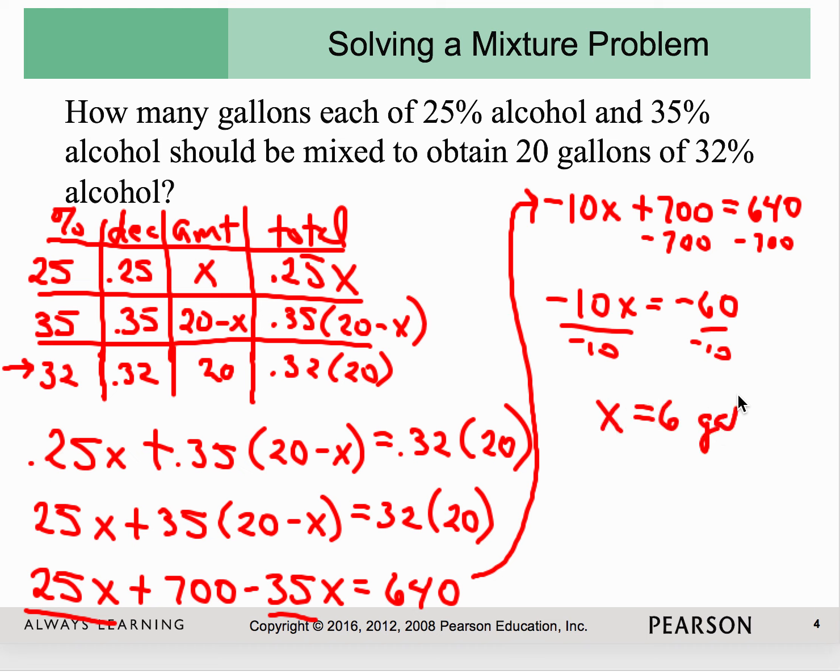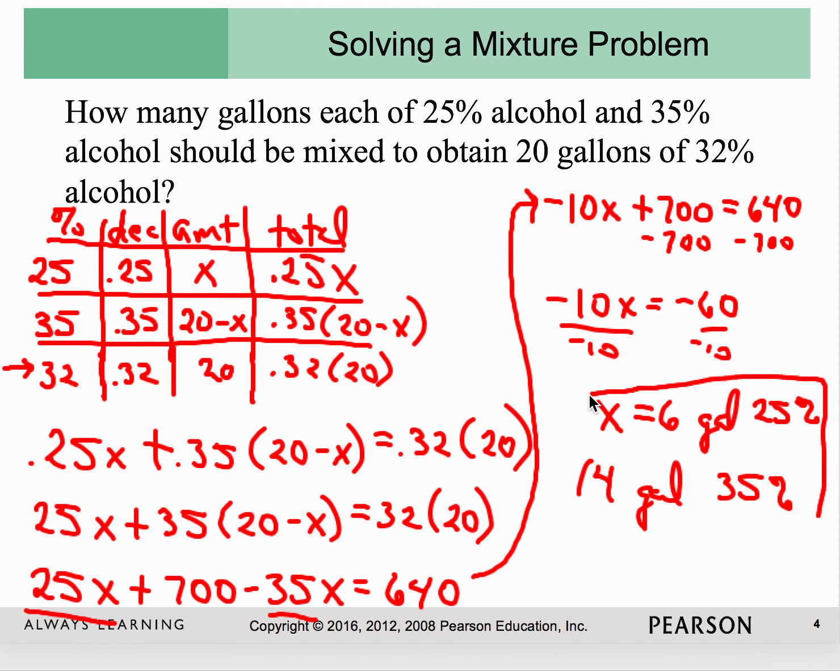Now I got to go back and say of what? 6 gallons of 25% solution. And the other one is 20 minus 6, so I need 14 gallons of 35% solution. We're going to do a couple of these till you get the idea.